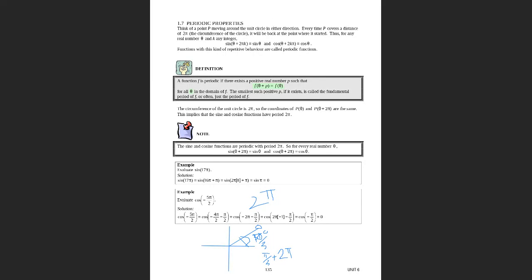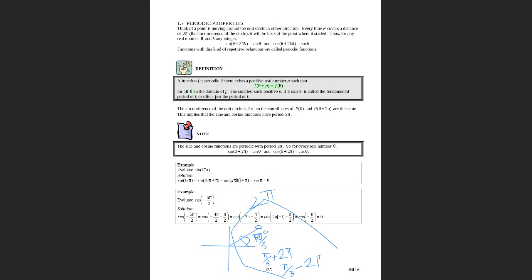It's the same as pi over 3 minus 2 pi. All of this will give us the same answer because when you go round, you come back to the same. We all get the picture.